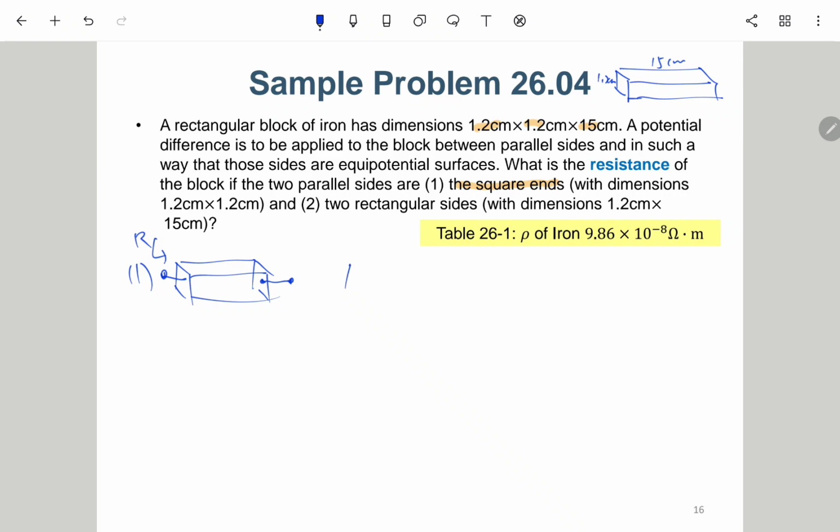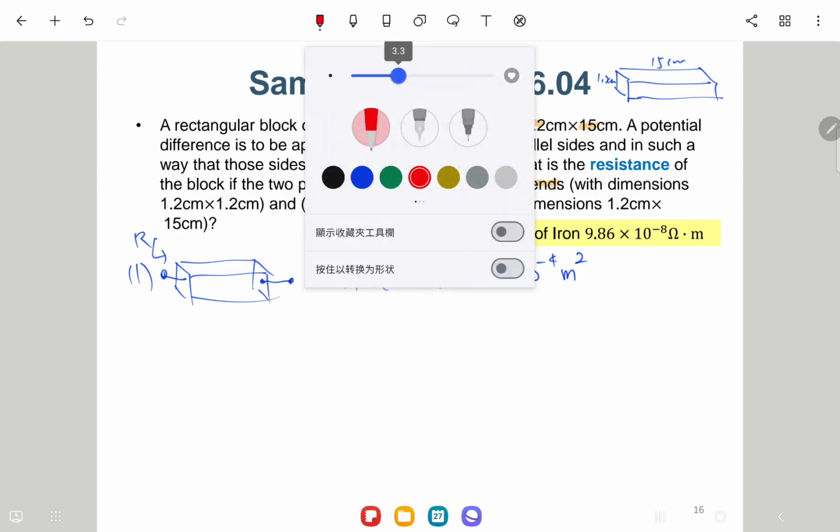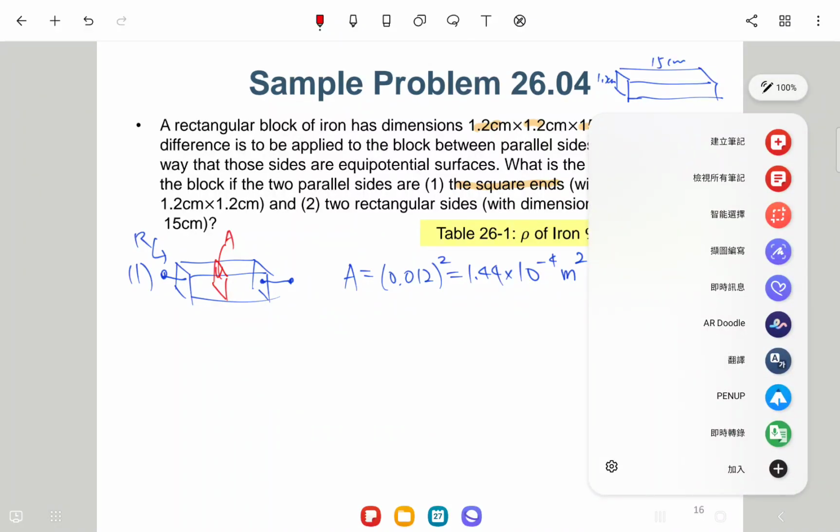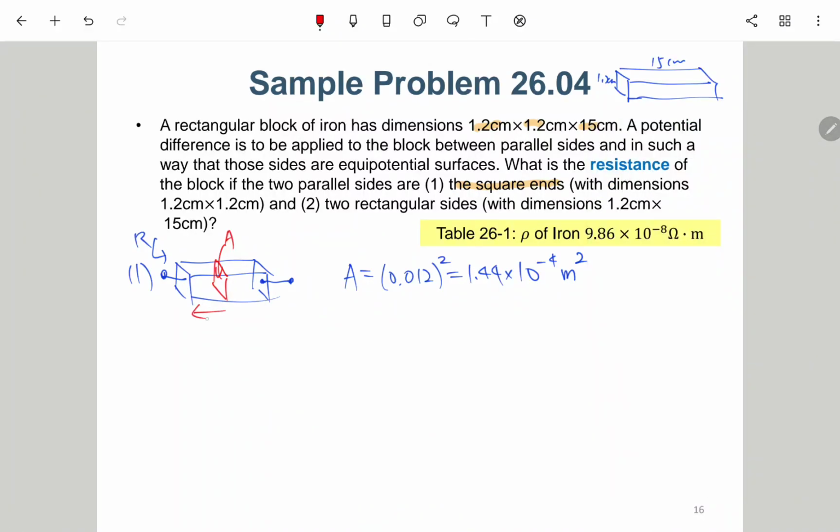In this sense, the cross-section area will be 0.012 squared, which is 1.44 times 10 to the negative 4th meter squared. This is the cross-section area, A, and this will be L.